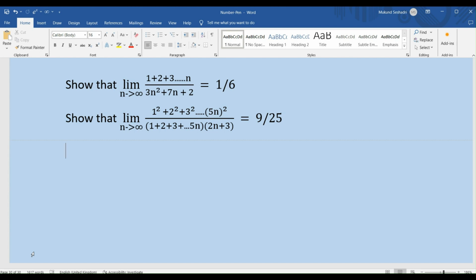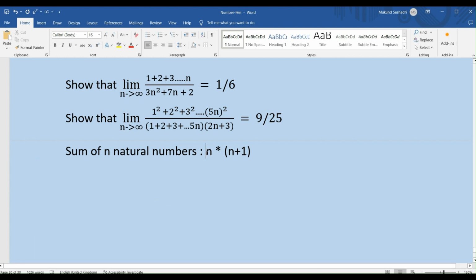So I want to draw your attention to two important formulas that you might want to remember. Sum of n natural numbers, something that people are quite familiar with. And in case you are not, I would recommend you to remember this particular formula, which is half into n into n plus 1.